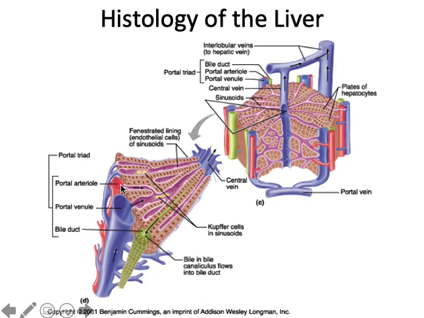Both of those then form sinusoids. The sinusoid joins up, and therefore that allows the mixing of oxygen-rich blood from the arteriole and substrate-rich blood from the venule to mix in the sinusoid.